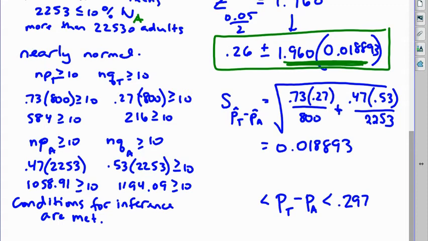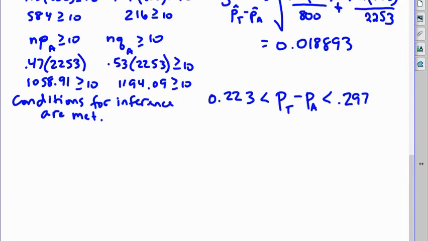Subtracting my margin of error, I get 0.22, and then it was 296, so I'm gonna call that 3. Okay, so there's that, and then I can write my conclusion.